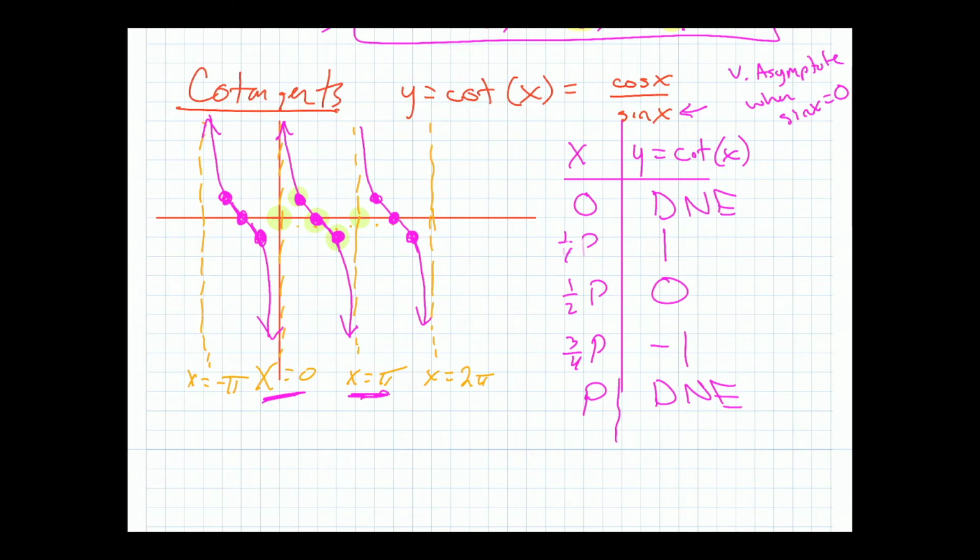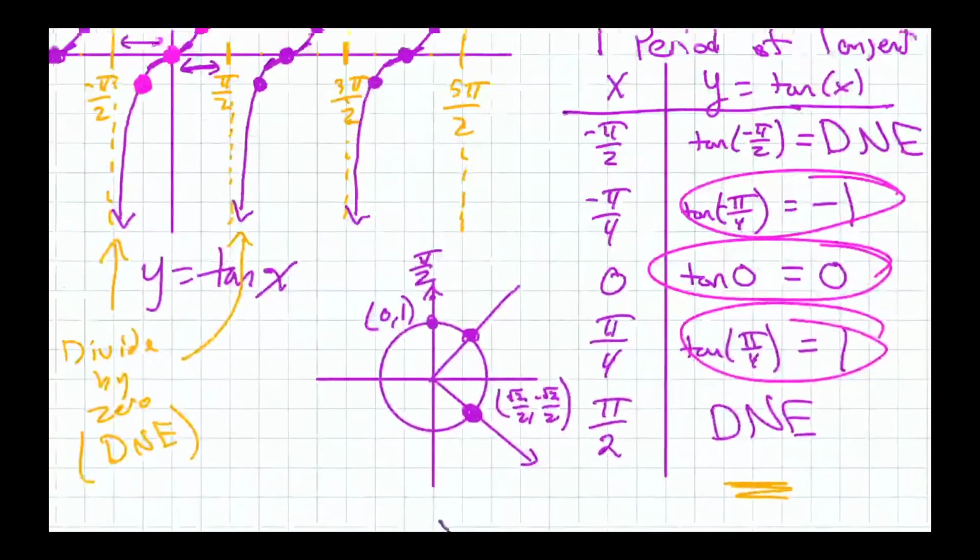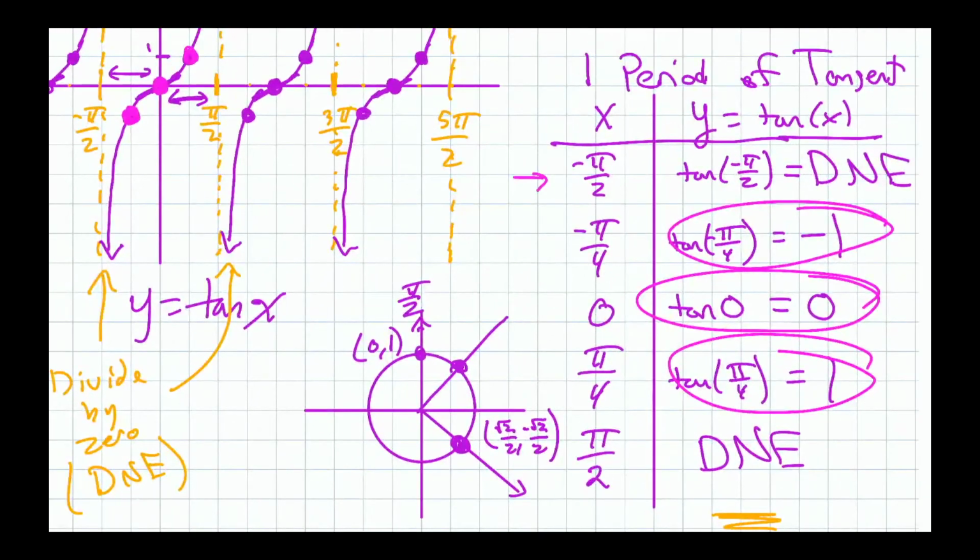I need to erase this. This was supposed to be generic, so I shouldn't have been referring to a period. This should have been specifically pi over 4, pi over 2, 3 pi over 4, and pi. Sorry about that. We'll switch to periods in a second. The point is that this first point is 0 and the last one is pi, versus the tangent, where it was negative pi over 2 and positive pi over 2.